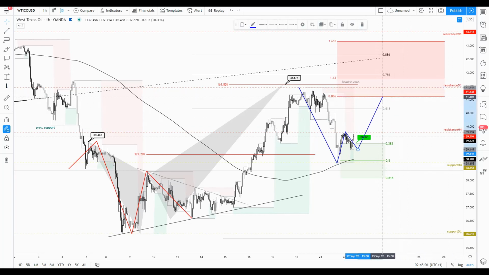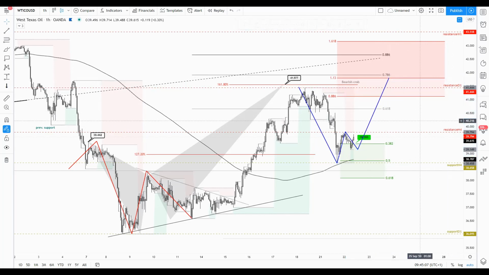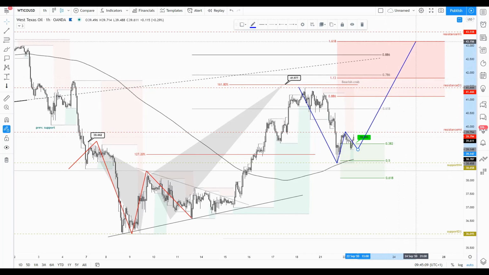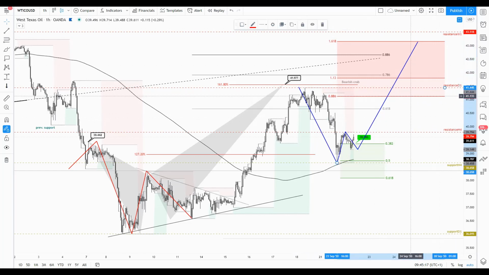For that pattern to work, it needs to respect the daily fractal. A false breakout above the 113% Fibonacci extension, and then if that fails, we may see a retest or an approach to the weekly fractal resistance printed above. So bat pattern, alt bat pattern, and eventually an extended crab pattern at 168 extensions.